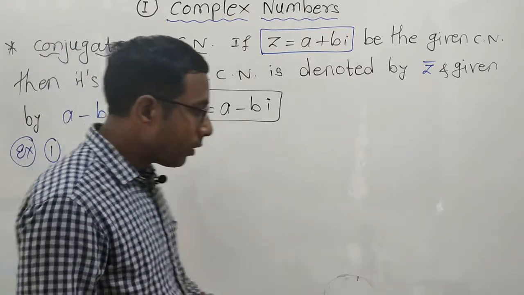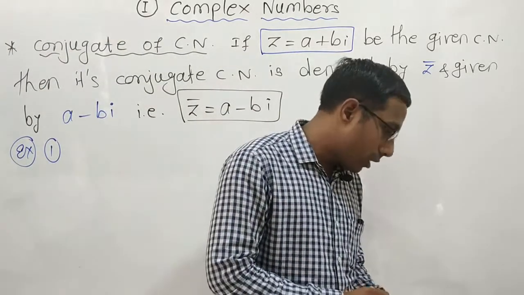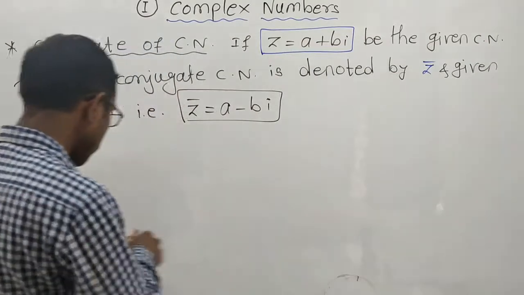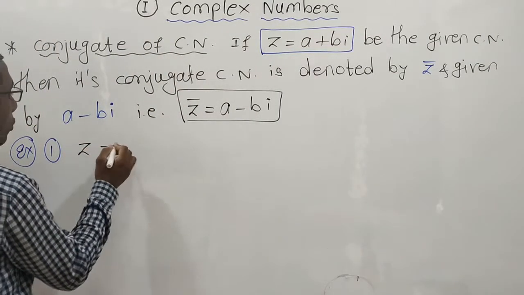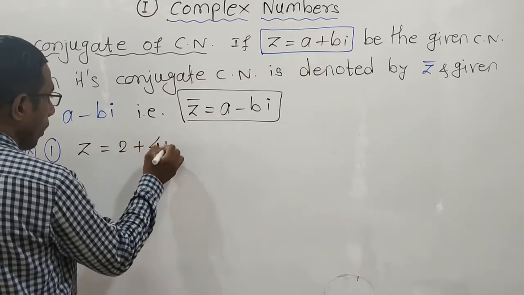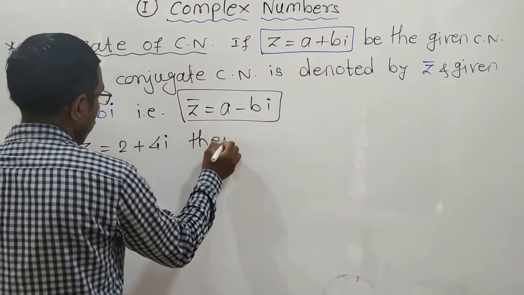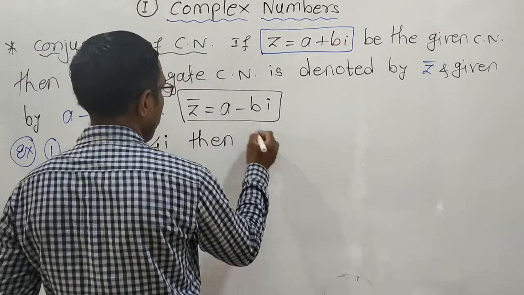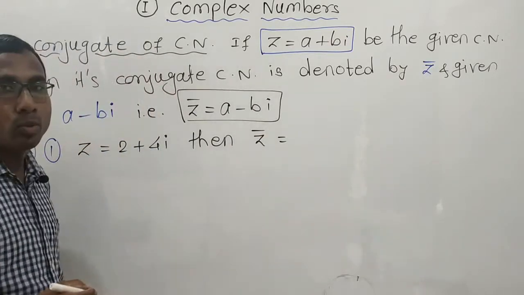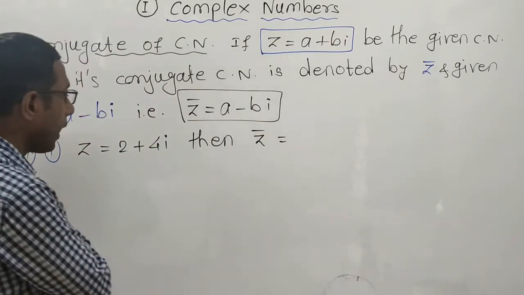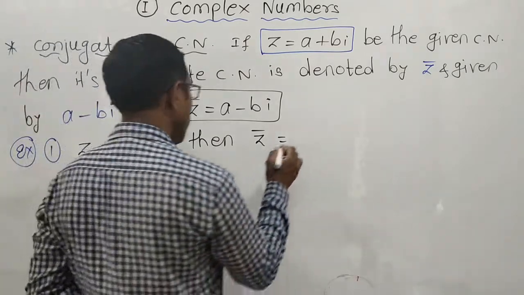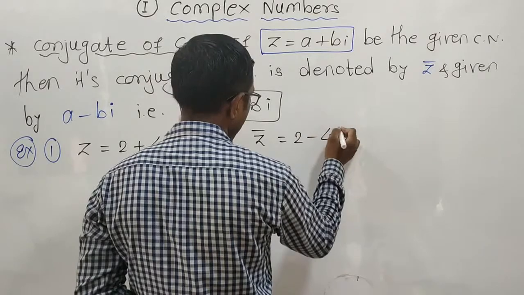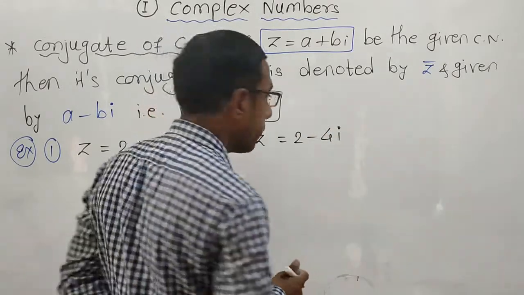Now let's see examples one by one depending on the conjugate. The first one, z is equal to 2 plus 4i. Then z bar is equal to what? You have to reverse the sign of the imaginary part. So this will be 2 minus 4i.